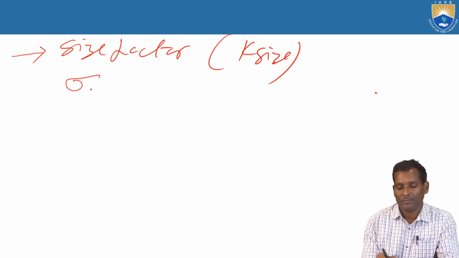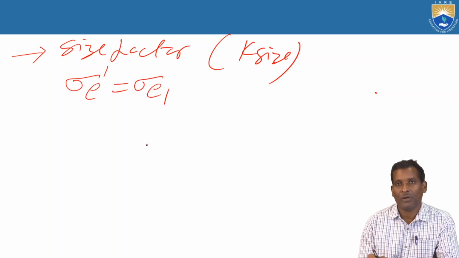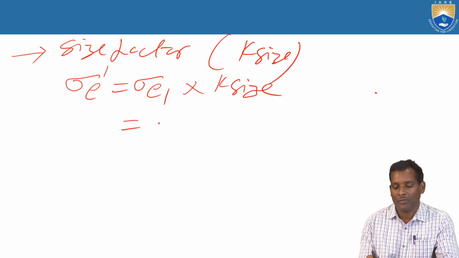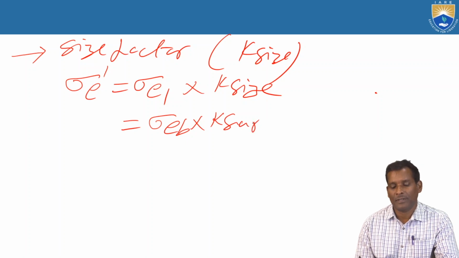For bending load, sigma E dash is equal to sigma E1 multiplied with K size, where sigma E1 is sigma EB into K surface.